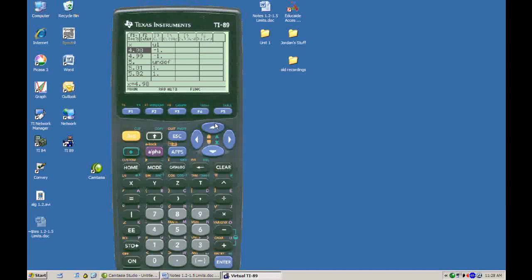Now, I wanted 5 from the left side. Would that be coming down the table to the undefined or going up the table? Down, right, because from the left side is basically to the left of 5, and the left of 5 would be 4.98, 4.99, etc. So the left limit is -1.